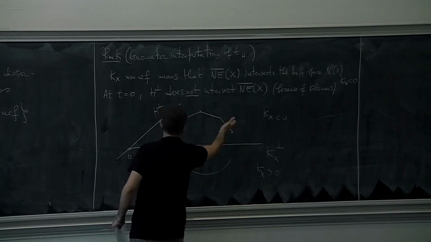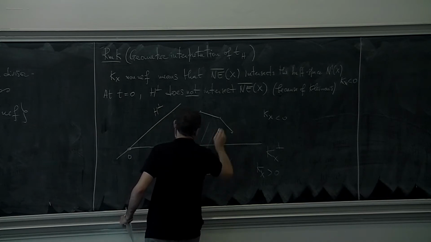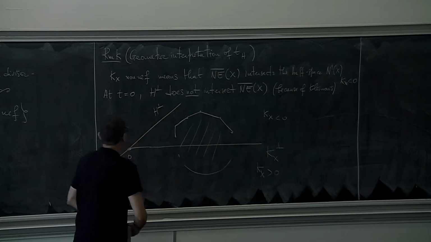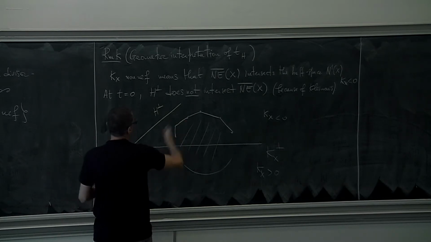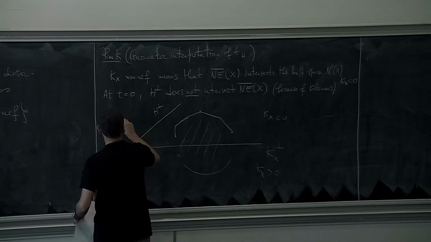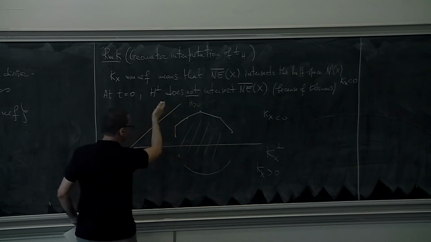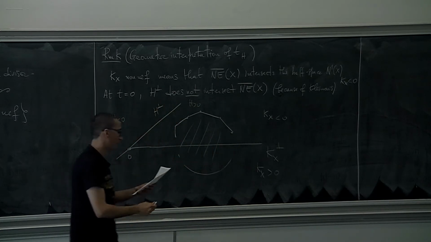H orthogonal does not intersect the cone because of Kleiman. So all the cone is on one side with respect to this hyperplane. Here there is the negative part, here there is the positive part. All the cone is in the positive part with respect to H. This is Kleiman.